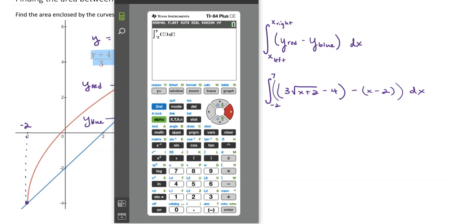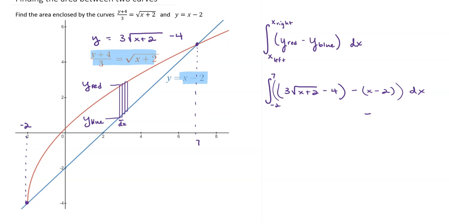In y1 I have put the red function, so we'll do alpha trace and get y1, and alpha trace y2, dx, enter. That's an interesting calculator result. If you do this by hand, you'll find that the answer is actually exactly 13.5. So we have solved the problem.